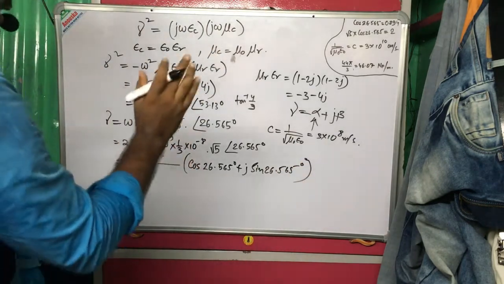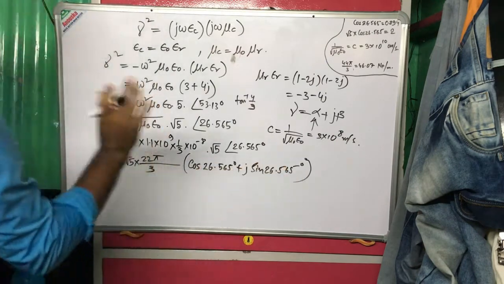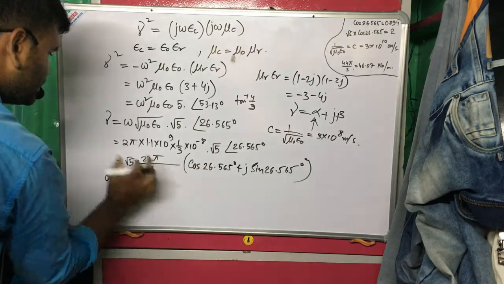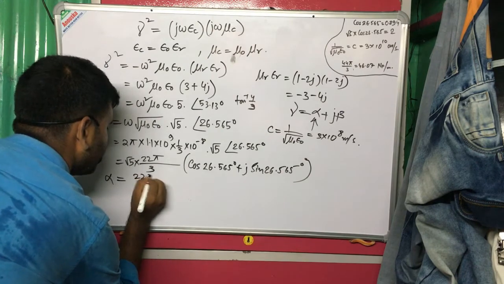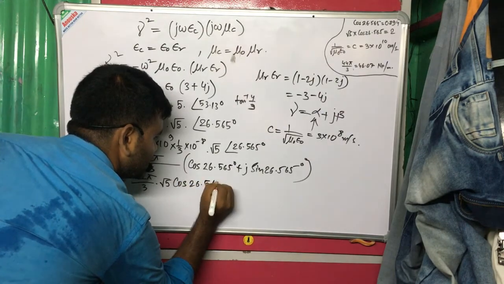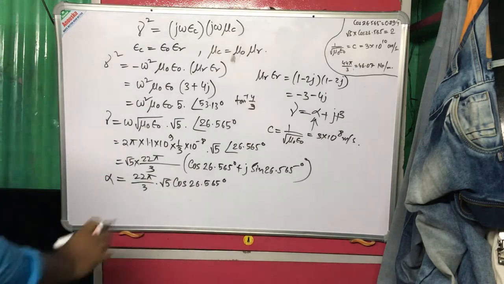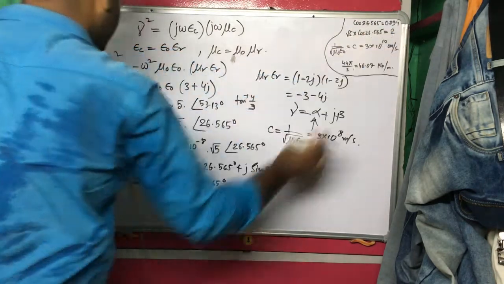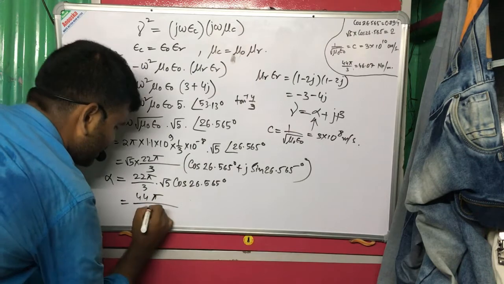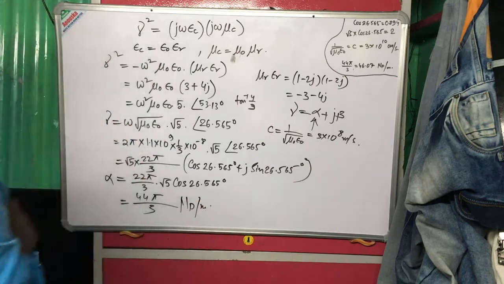Now as you can see, we need only the value of alpha, so we can ignore this imaginary part. So alpha is basically this into this, which is 22 pi by 3 into root 5 into cos of 26.565 degree. Root 5 into cos 26.565 degree is basically 2, right? So alpha is basically 44 pi by 3 Neper per meter. This is the value of alpha, right?